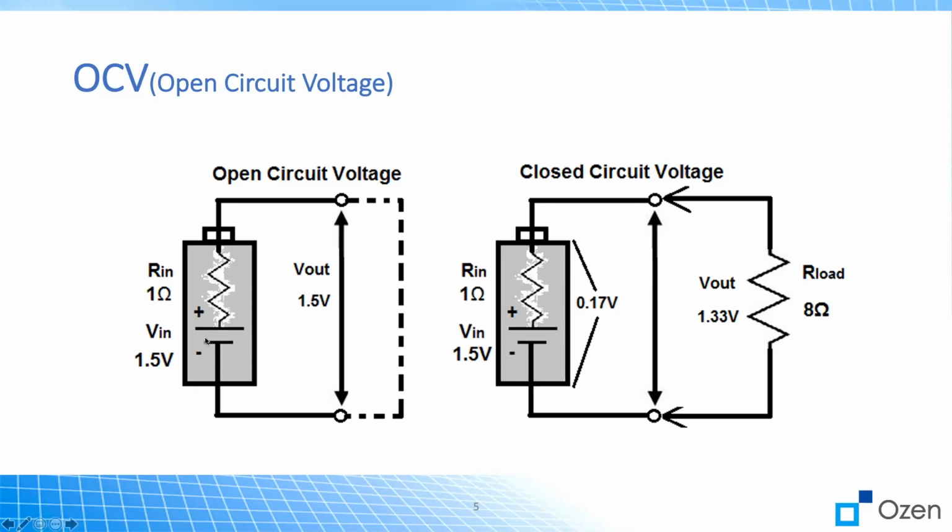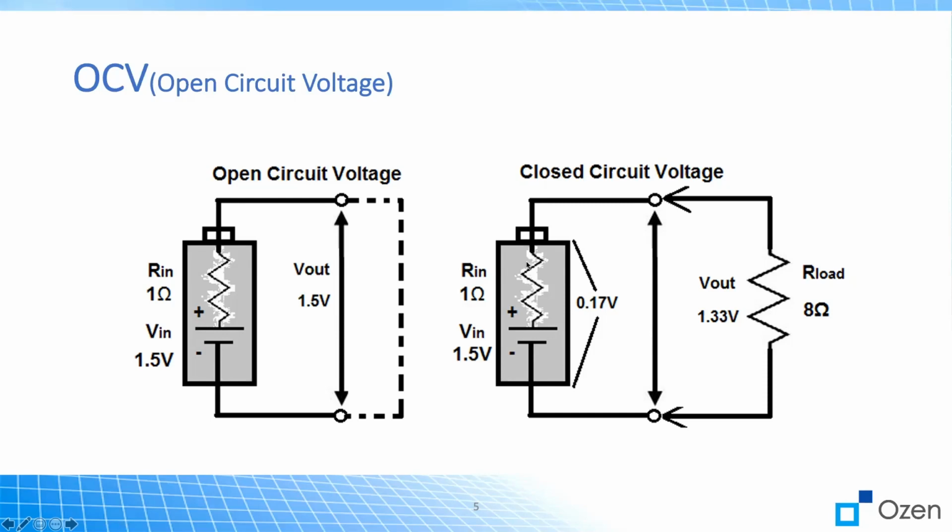Here, the ideal battery is also 1.5 volts. When you connect a load, in this case 8 ohm, you'll see a drop in the voltage. The reason is that there is an internal resistance in the battery. So here is the ideal one, and here's the resistor which makes the real battery in real life.